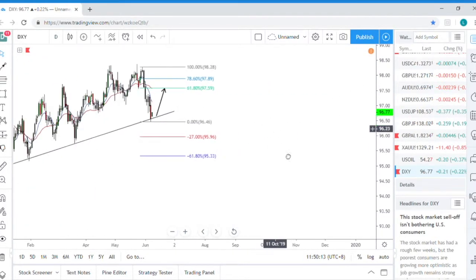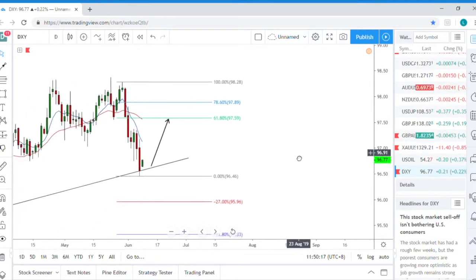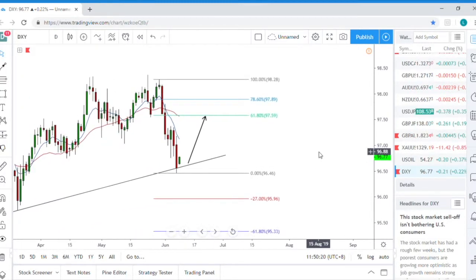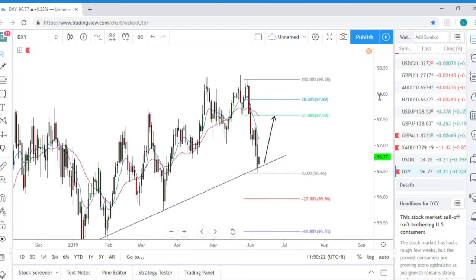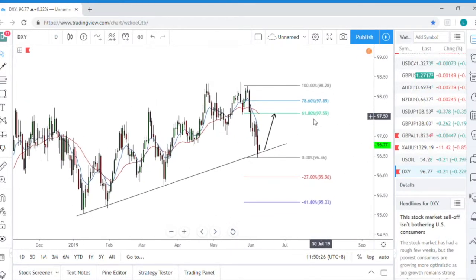So we do not get greedy and look so far back yet. We should look at the short term before the long term. Like I said, DXY favors buy for me at the moment by looking at the technical chart.